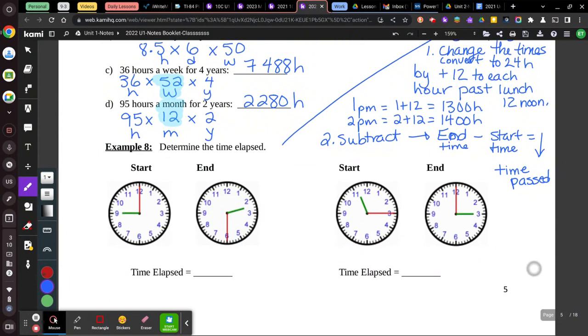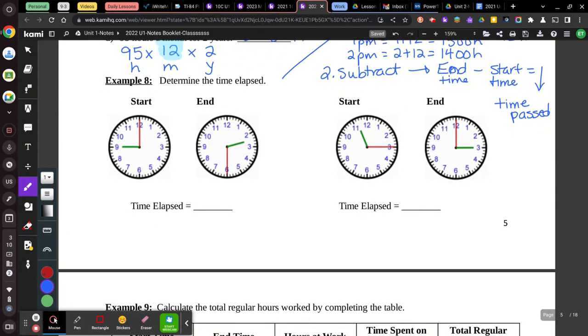How much time passed, okay? How long it took. So if we start with number 8 here, if we say this is 9 a.m., this guy is 900 hours, this guy here is going to be 1,400 hours. 1,400 plus, this is 30 minutes. 30 minutes would be 50 of 100, half, plus 50.